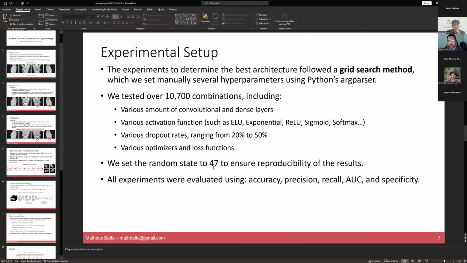We set the random state to 47 to ensure that people can reproduce this study. And we also evaluated using 5 metrics: accuracy, precision, recall, AUC, and specificity.